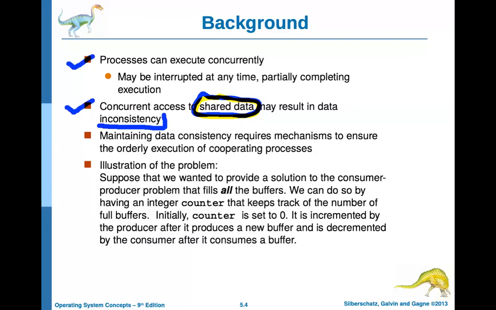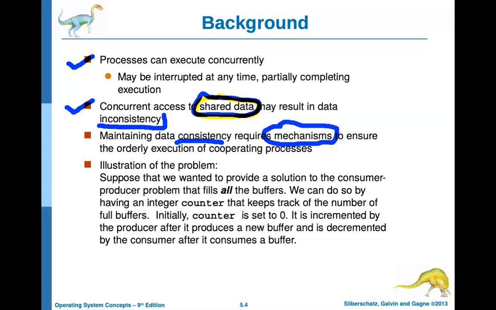Now, in order to maintain data consistency, we should have some sort of mechanism which will ensure the proper execution of cooperating processes. See why this is required: if simultaneous access results in data inconsistency, then that definitely creates a problem, and the system is of no use.